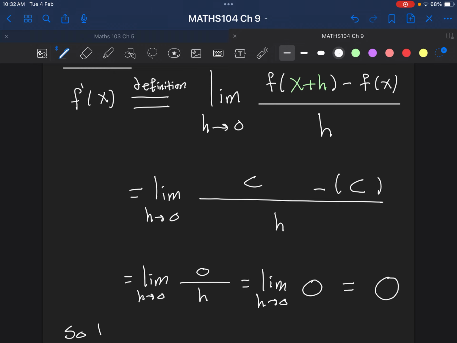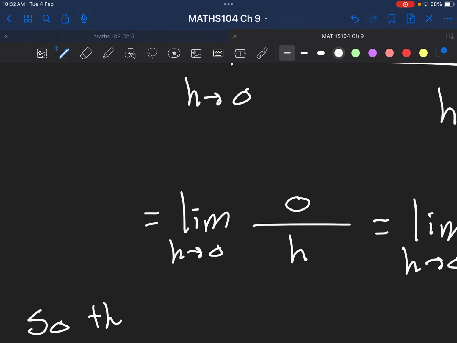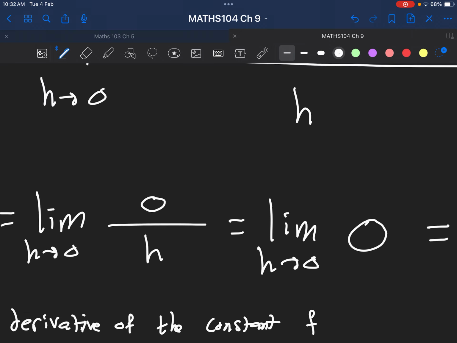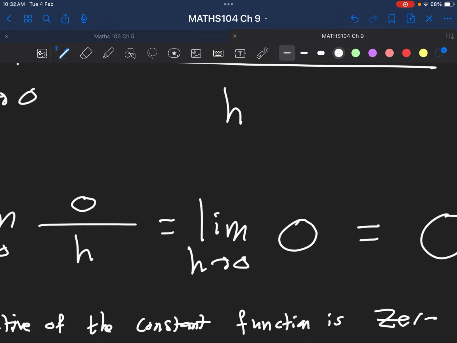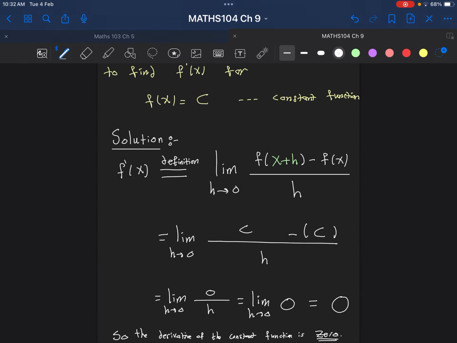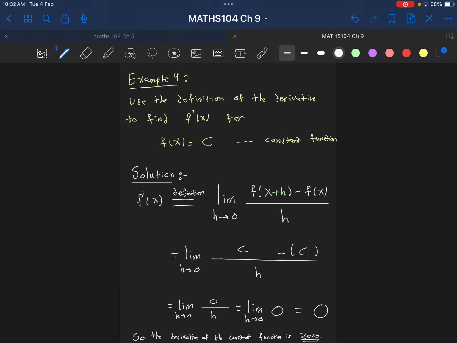So the derivative of the constant function is 0. Remember, this will be a rule. We will write it later on the board and everywhere. Whenever you see a constant function, the derivative will be 0.